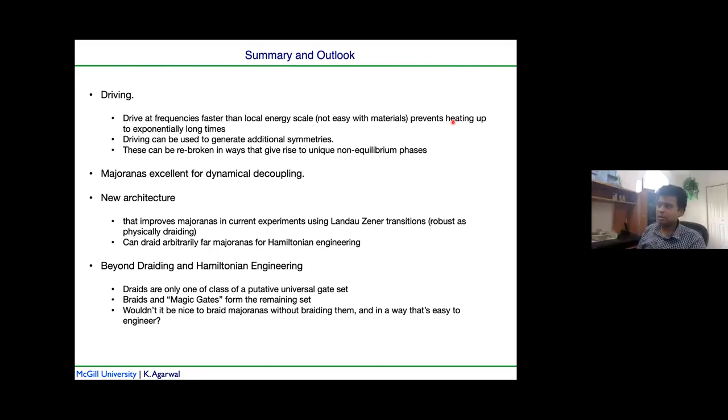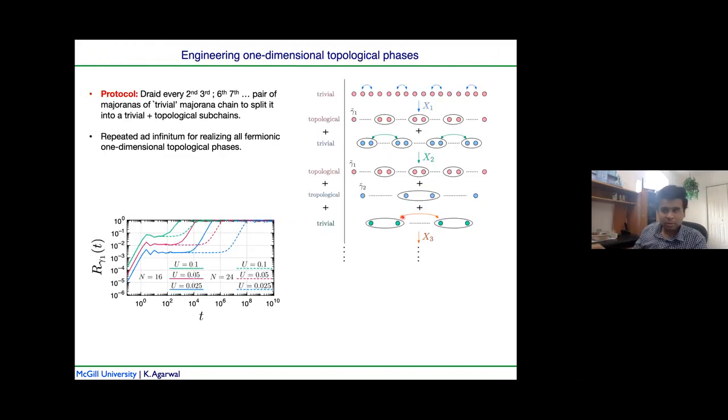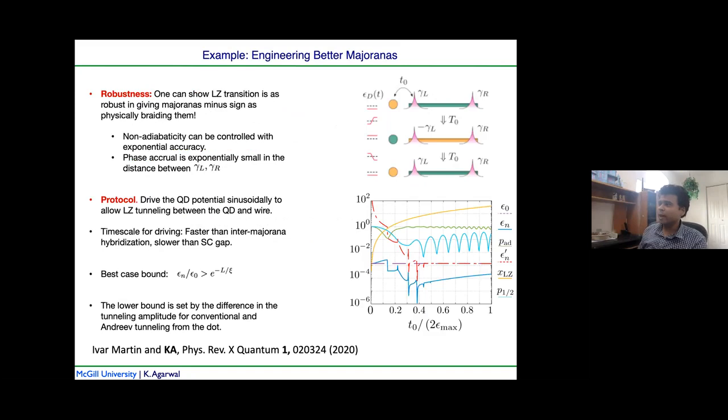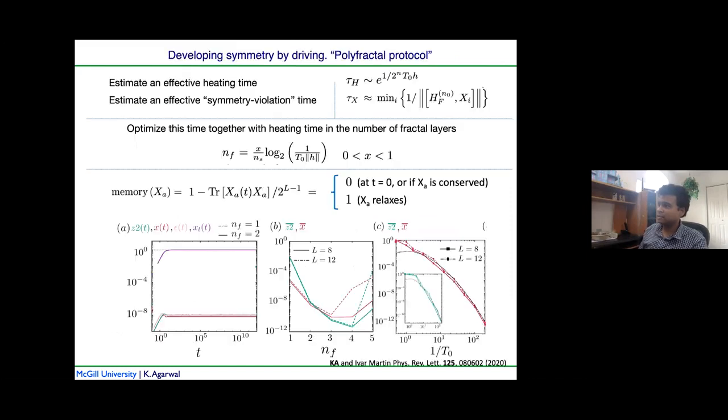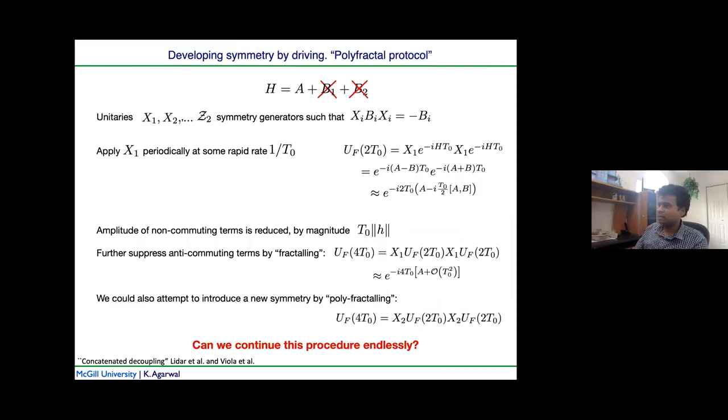Yeah, so that's a very good question. I think the point is that you can, but these terms will come generically with a 1 over frequency denominator. If I just go back to, for instance, this here, essentially the Floquet Hamiltonian is mostly A, and then I've generated some extra terms.